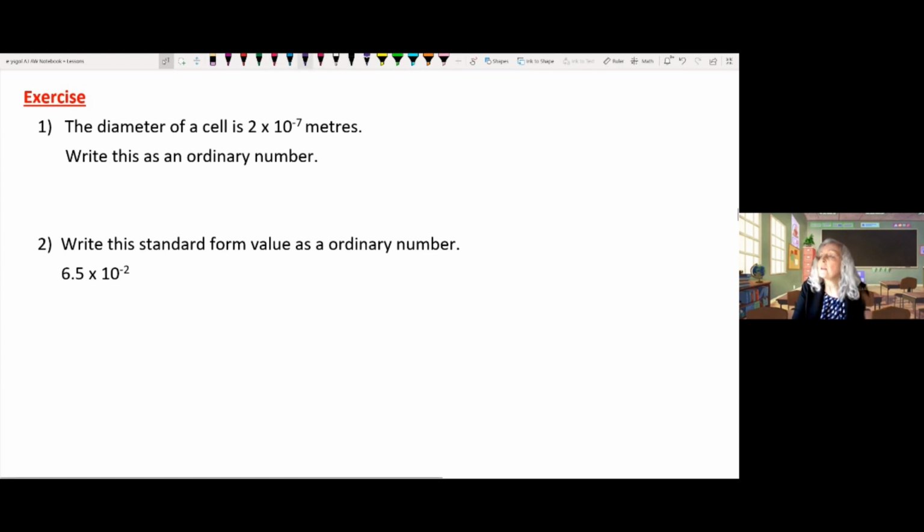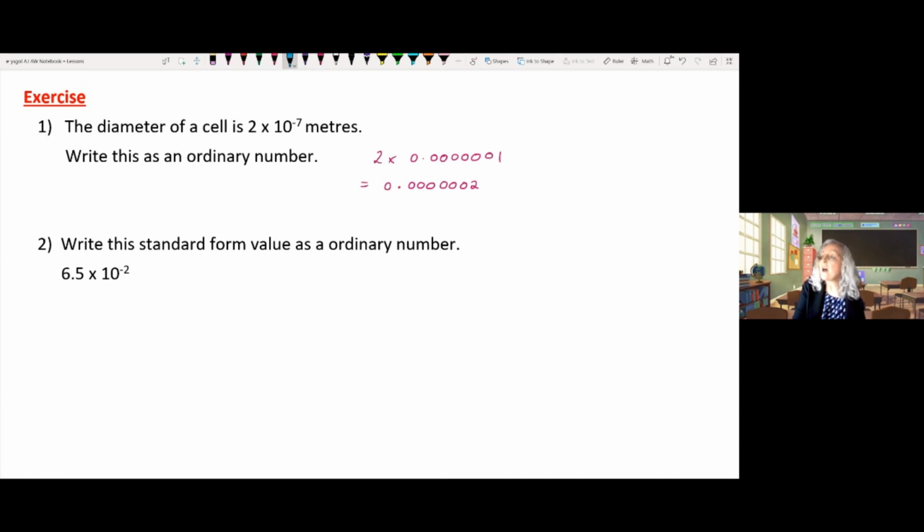So for the first one, I have got 2 multiplied by 10 to the minus 7, which is 0.0000001. 1, 2, 3, 4, 5, 6, 7. So I've got 1, 2, 3, 4, 5, 6, 7 zeros. So multiplying those, I am going to get 0.0000002.